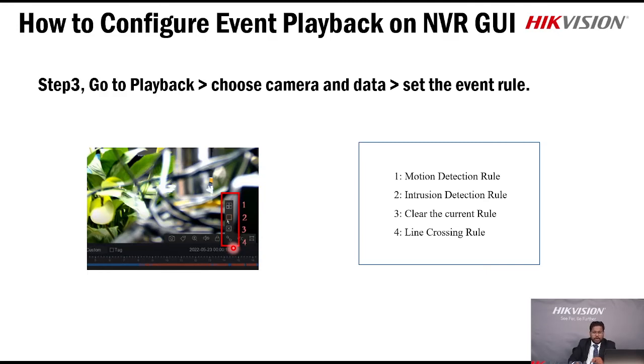Click on the event rule, you can draw the line or draw the area, click on search, and definitely you will get the smart playback here. In the playback clip, you simply draw the line, click search, and you will get that particular footage directly. That is called smart playback. It will save your playback time.